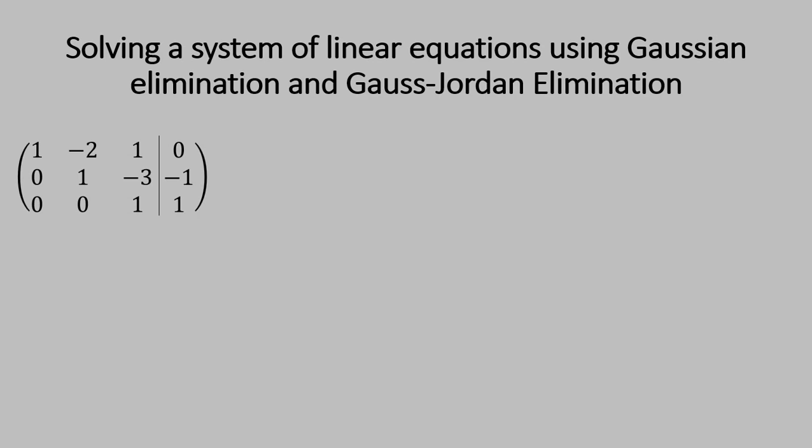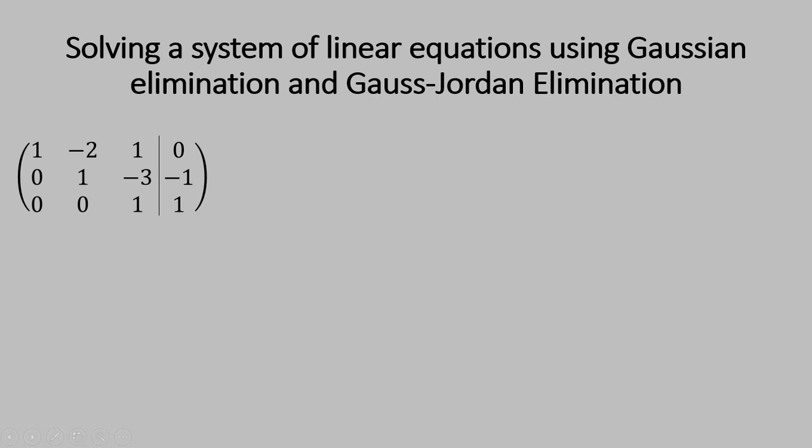Now to get it in reduced row echelon form, we want to ensure that each leading entry, the first term in each row, is 1, but that's crucial for row echelon form. For reduced row echelon form, we need to ensure that the leading ones are the only non-zero element in their column. So if we look at this one here, we have a -2 here, which is a non-zero element. So we need to get this -2 to be equal to 0.